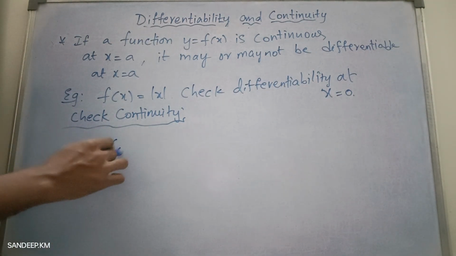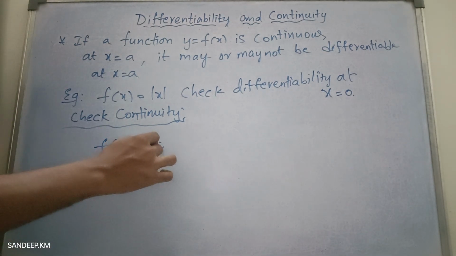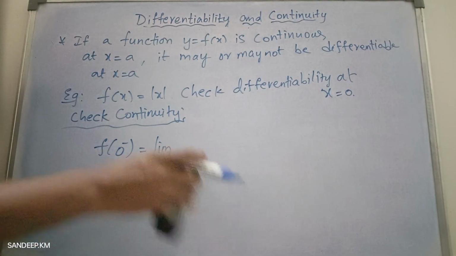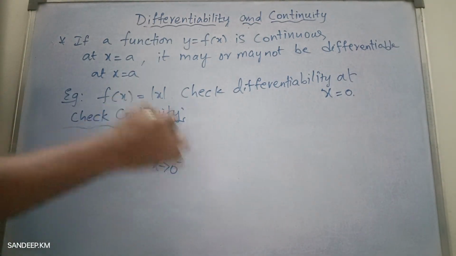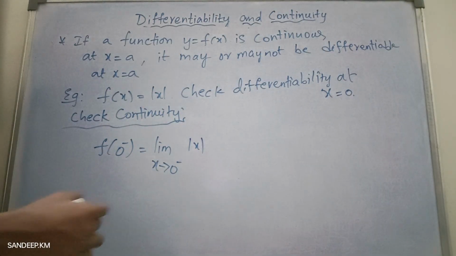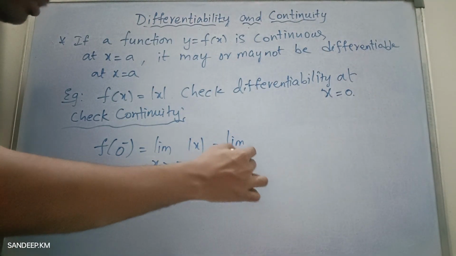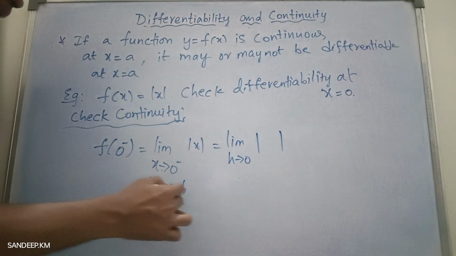So the left hand limit, f of 0 minus, is what, dear students? Let me write the limit as x approaches 0 minus of mod x. So what is it, dear students? It is the limit as h approaches 0 of modulus of, and instead of x we will write 0 minus h, correct or not?